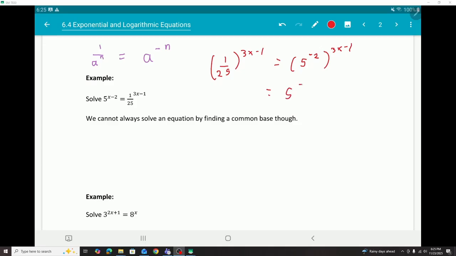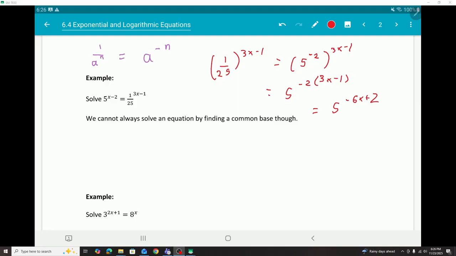And now I multiply the two together, I get 5 to the minus 2 times 3x minus 1. One more time, equals 5 to the minus 6x plus 2.